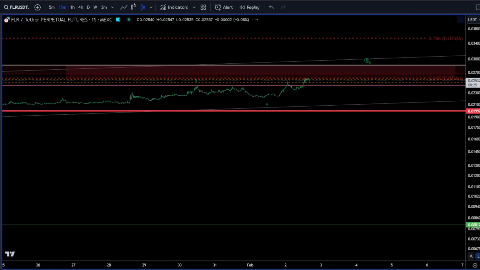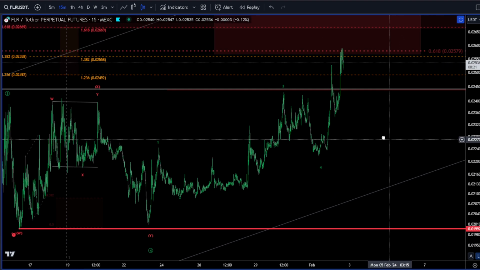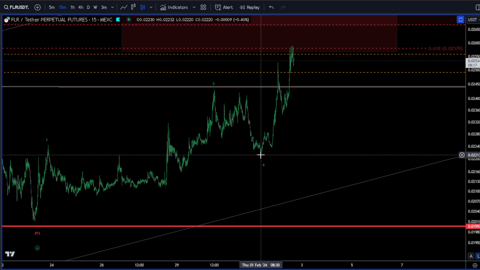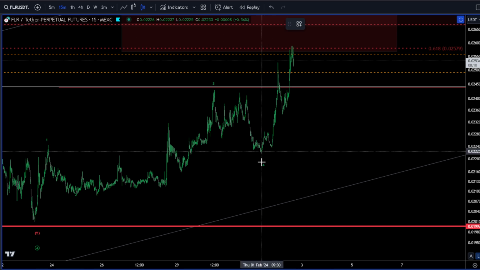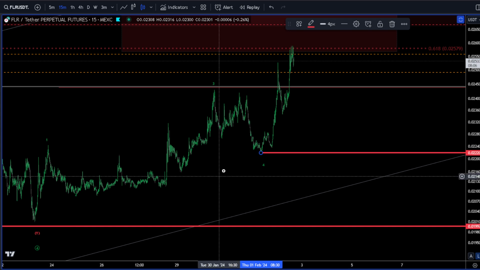All right, guys. If you're in this long and you want to stay in it, my suggestion would be to put your stop right at this pivot level for the 4th. If you want to see if it keeps going, there's nothing worse than getting out of a trade and it keeps going. So that would be my absolute bottom.